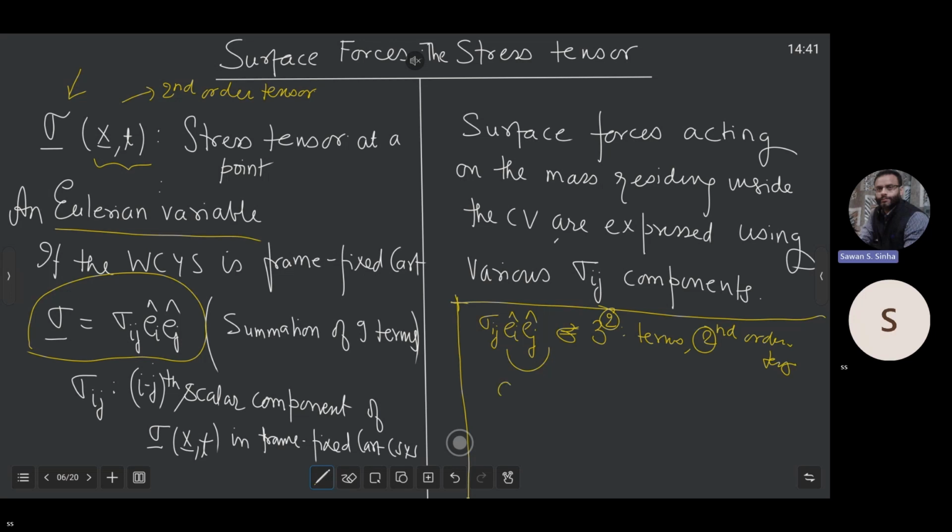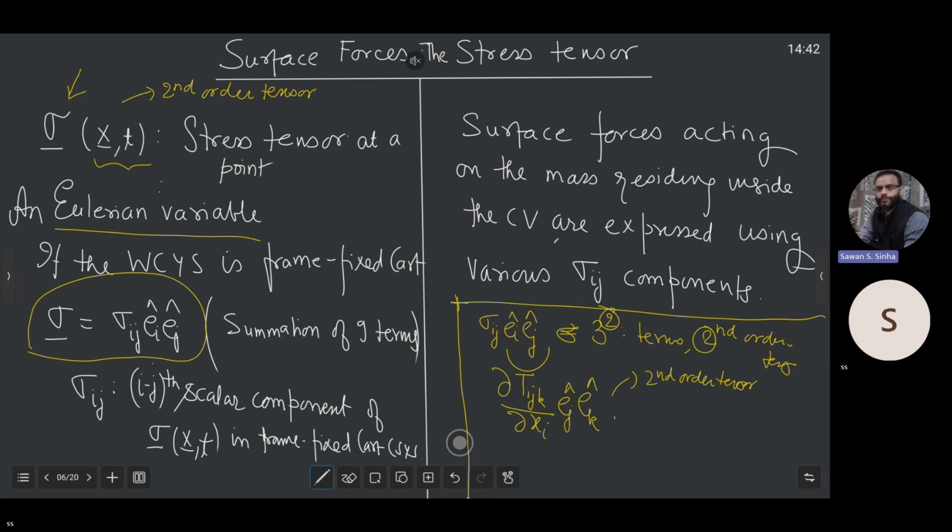I give you something else. I asked the first question, order of tensor. Everybody agrees? There is no dispute because a dyad is appearing, so second order tensor. Now comes the other question. How many terms are in this summation? 27.